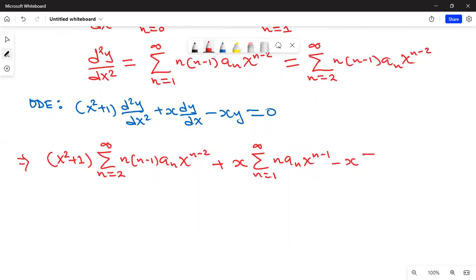Remember our y was the sum from n equals 0 to infinity of a subscript n times x raised to n. And that should give us 0.